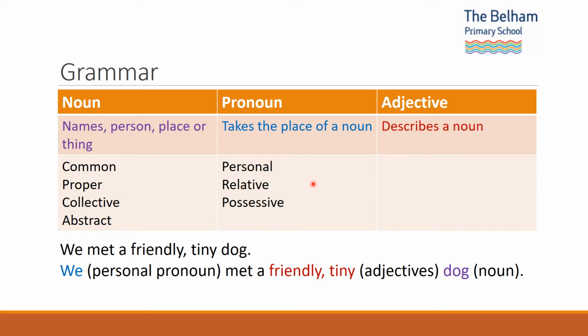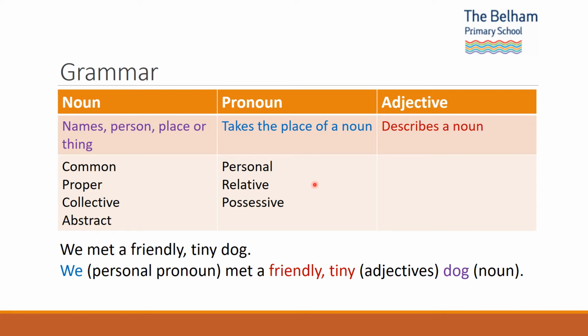Relative pronouns introduce a clause that describes a noun. So, for example, if we said the sentence, the man who stole your bike has been caught, the pronoun would be who. And there are some more examples like which, that, whom, whose.